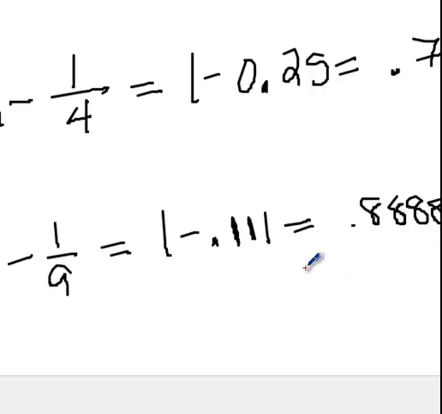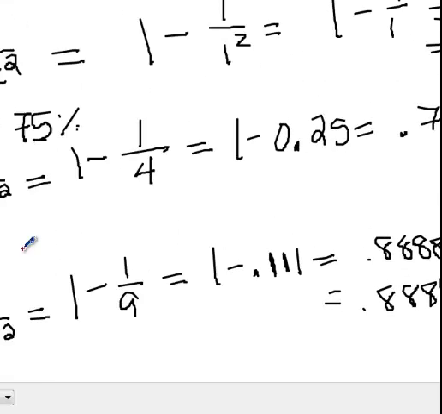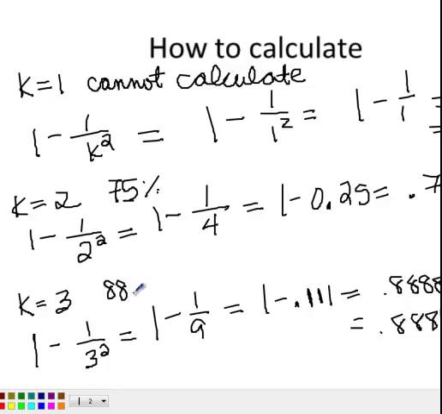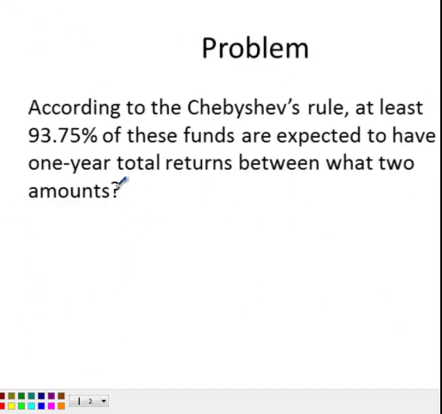You can round it up to 0.8889. So for Chebyshev's, with 3 standard deviations, we expect 88.89% of your data to fall within those bounds. This is a percent. Okay? So that should help you with k is equal to 2, k is equal to 3.